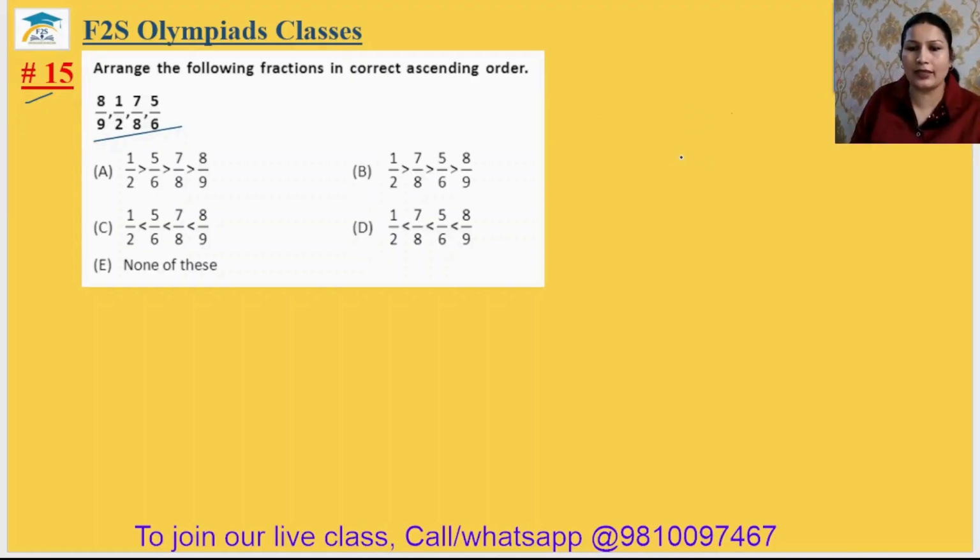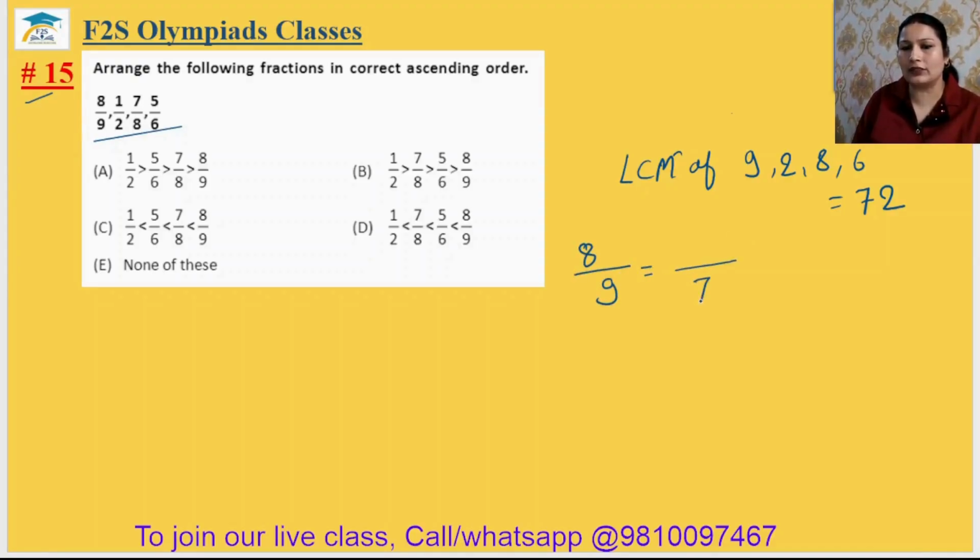First, we will find the LCM of 9, 2, 8, 6, which will be equal to 72. You can check. Now make all the fractions equivalent fractions with denominator 72. 8 9s are 72, 8 8s are 64.